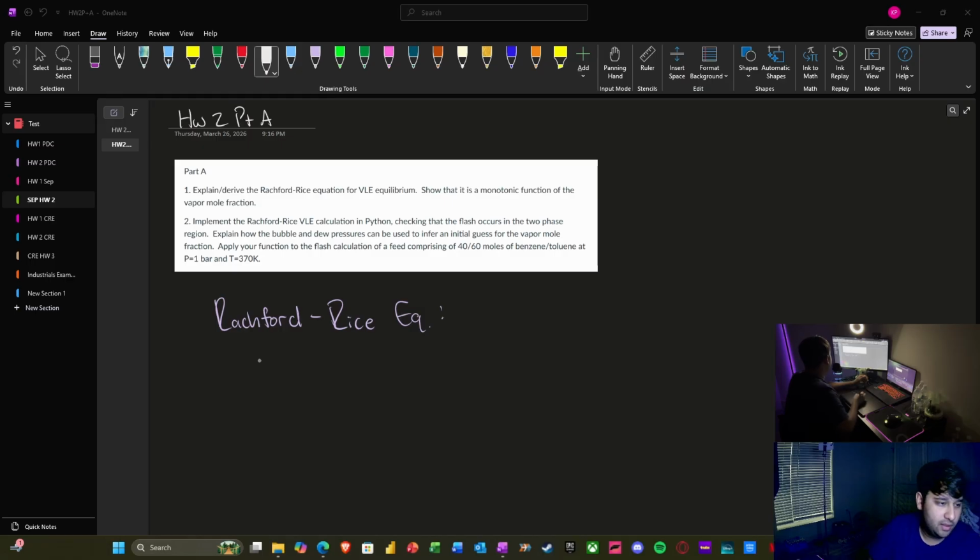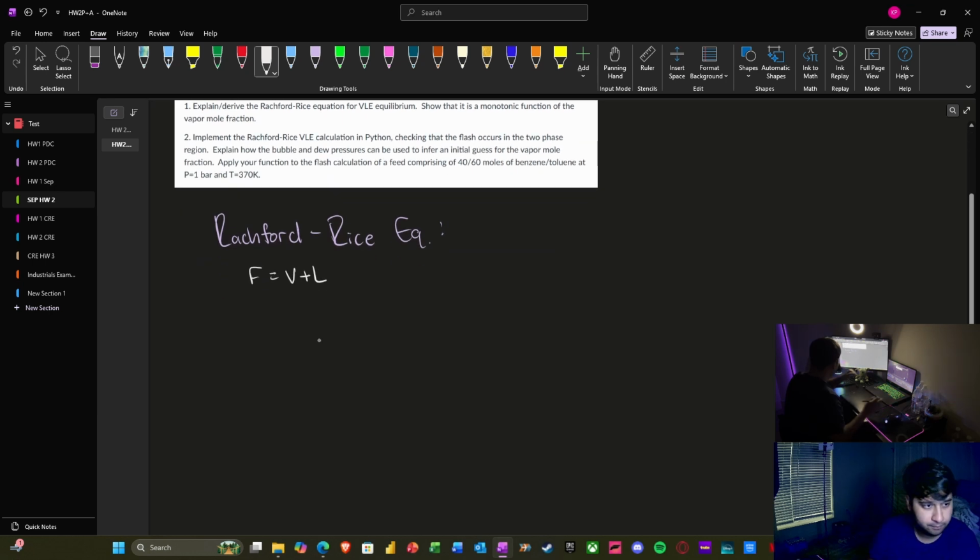So we're going to start with defining our total composition, which is just vapor plus liquid, and this is in terms of i equals 1, 2, 3, all the way to n.